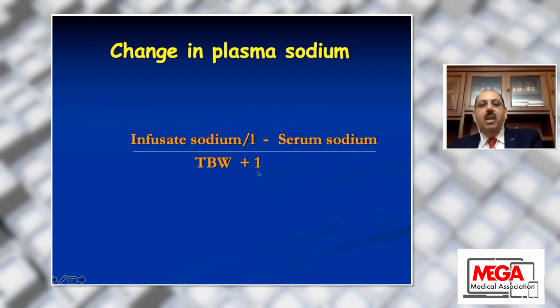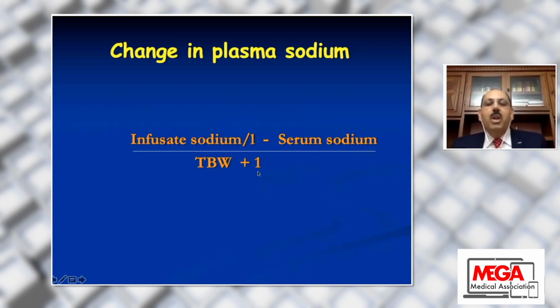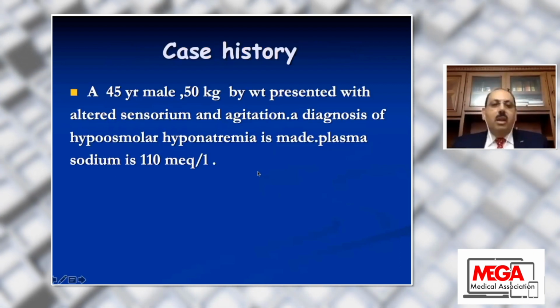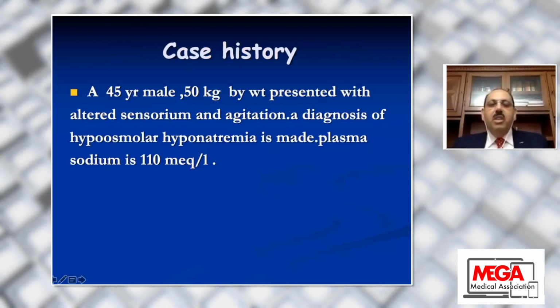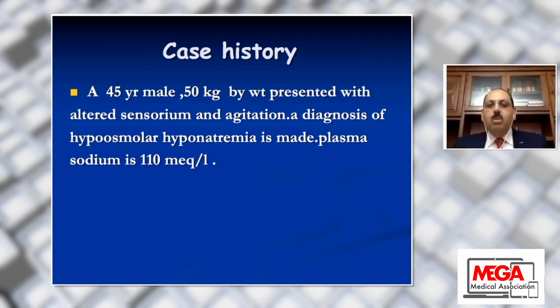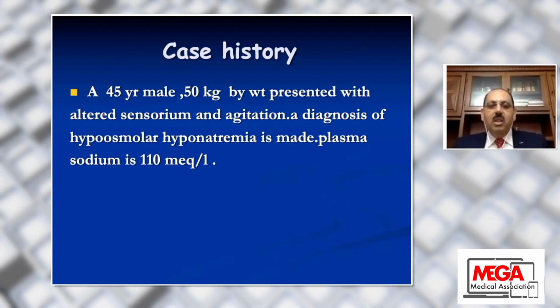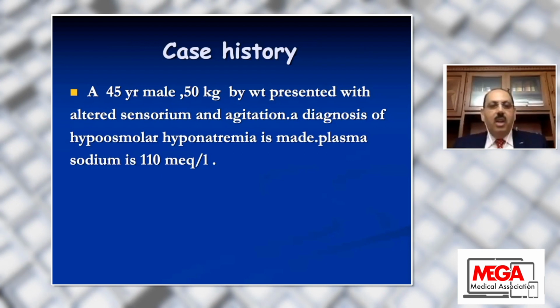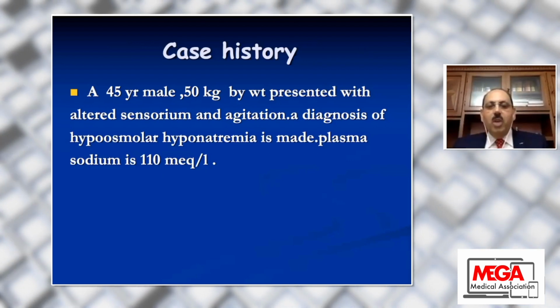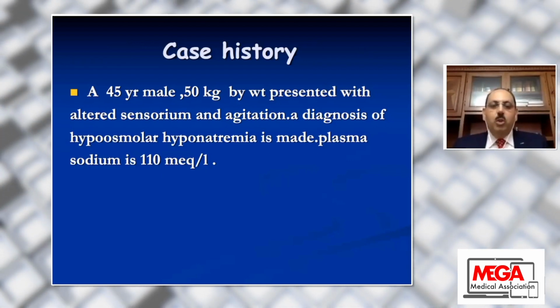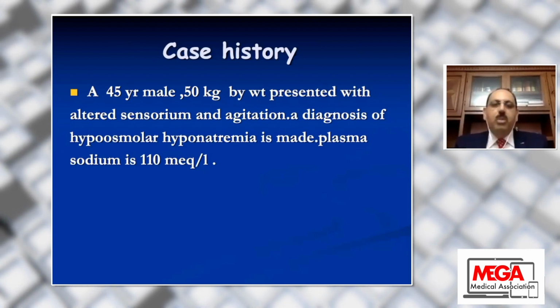Here is an example of how to correct hyponatremia. If we have a patient, 45 years, male, 50 kilogram body weight, presented with altered sensorium and agitation, a diagnosis of hypoosmolar hyponatremia is made. Plasma sodium is 110 milliequivalent per liter.